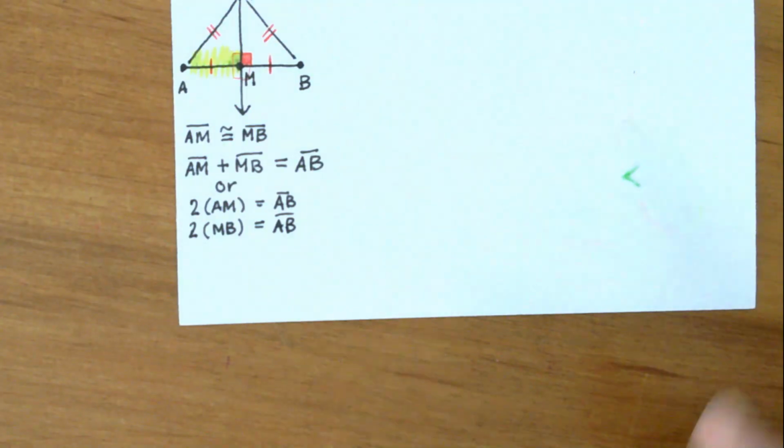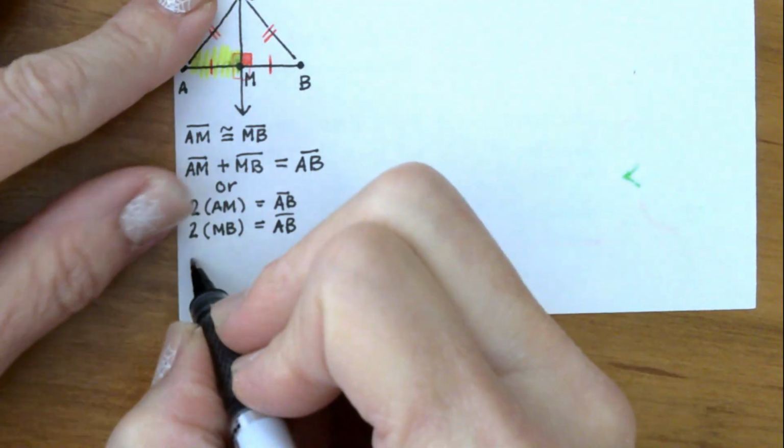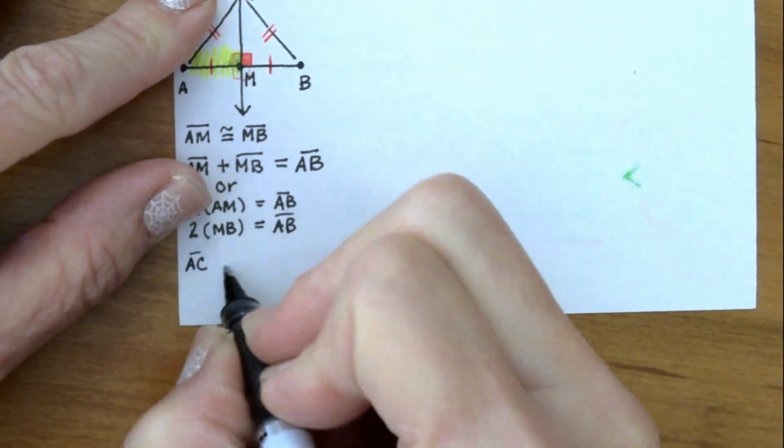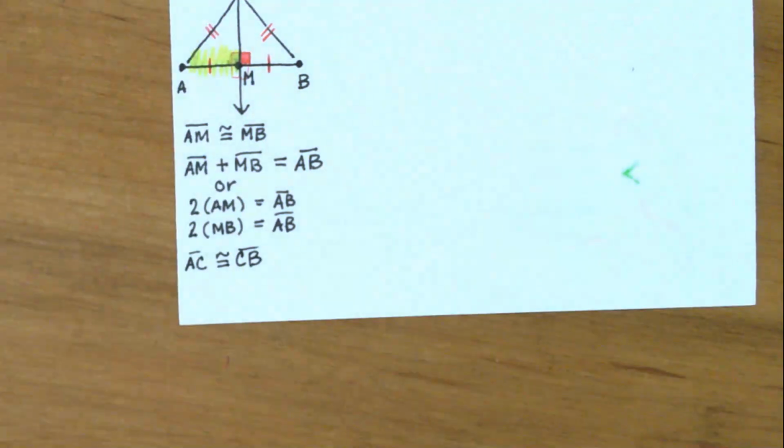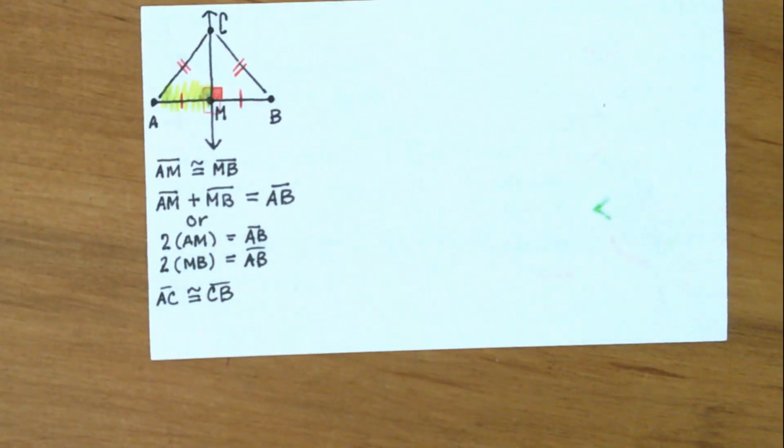Okay, so 3 different ways to deal with that horizontal line. And then AC is congruent to CB. You might have to use Pythagorean theorem. Okay?